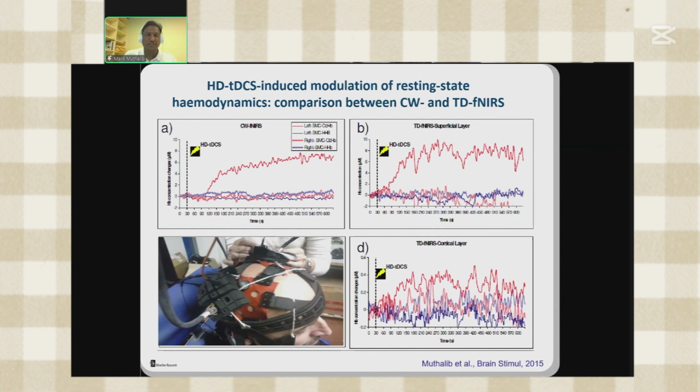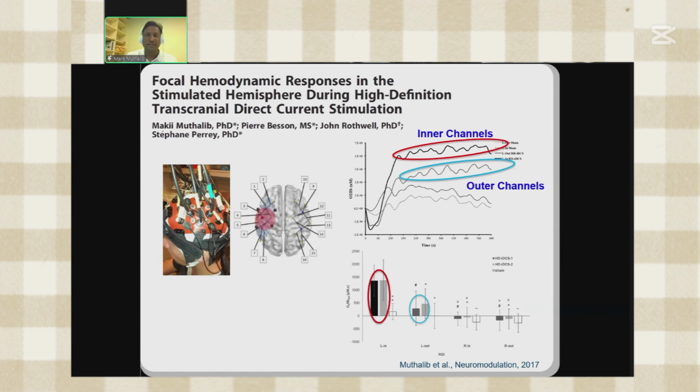Don't want to go too much into detail, but we also used another NIRS device that measures the absolute measurements of oxy and deoxyhemoglobin in Italy. And we showed that although the stimulation is affecting more superficial areas, we have a real brain activation occurring, which is the bottom right panel.